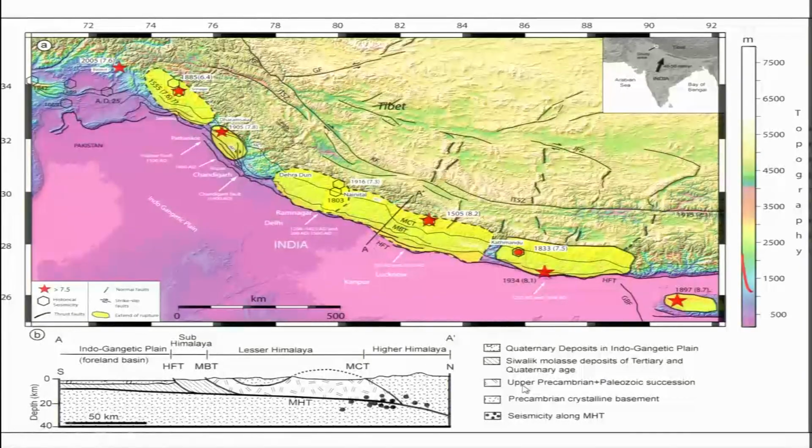If you look at this, we have the earthquakes which have been recorded in AD 25, and then further old events, and along with that we have the recent events also which were triggered in Nepal, that is the 2015 earthquake.